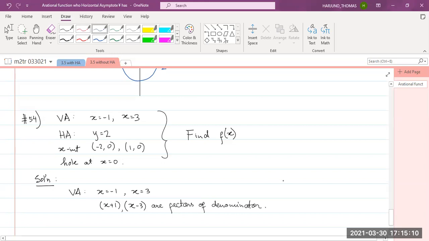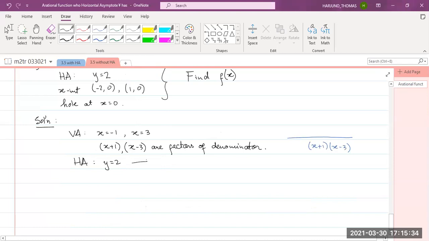So at this point, our rational function has this on the denominator. Now, the horizontal asymptote is y equals 2, which means the degree on the top and the bottom are the same. Degree of the numerator, let me use n, is equal to m, right? We still don't know what degree, just that it must be the same, such that the ratio of the leading coefficients is 2 over 1.